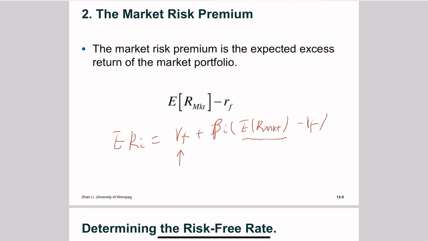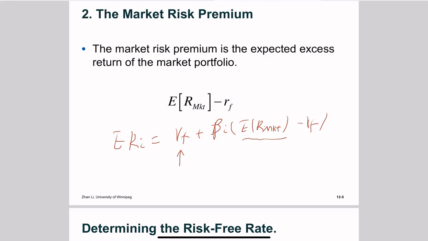So clearly we have assumed we could use a market index to represent the market portfolio. So basically here, the expected return of the market portfolio could be represented by the expected return on the market index. But then you would wonder, how do I exactly find out the expected return of the market index?